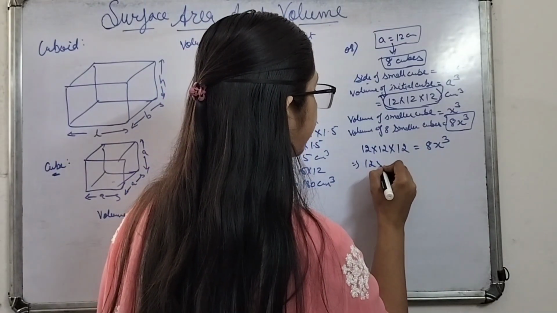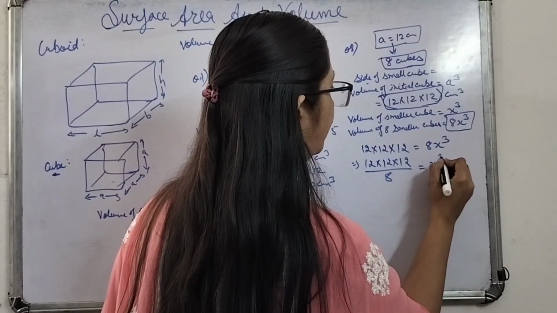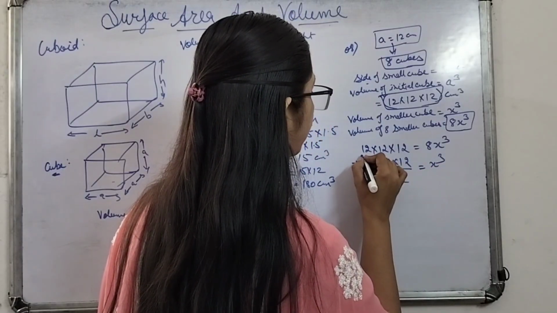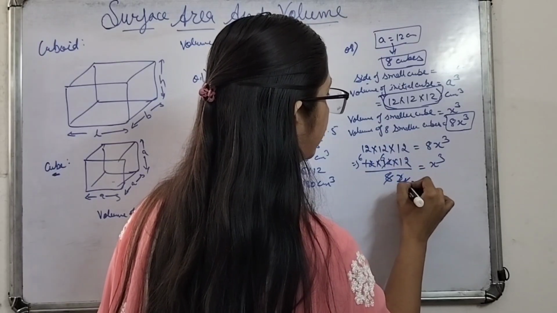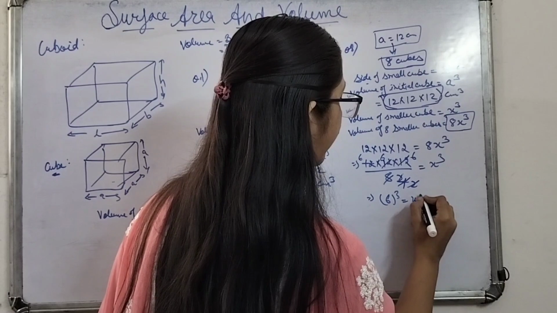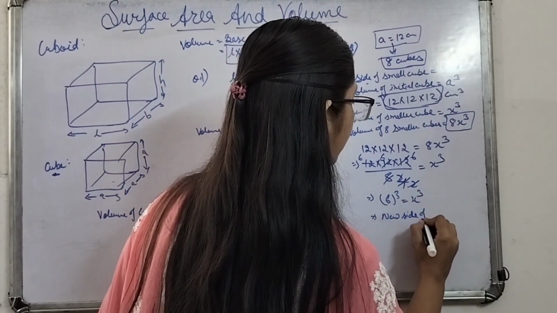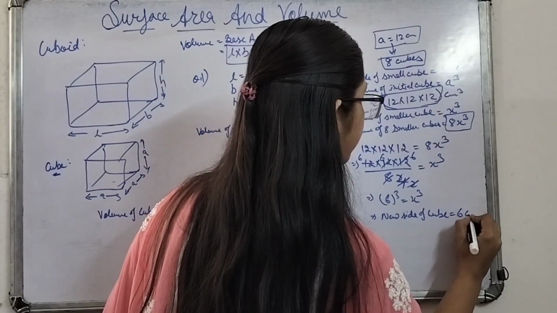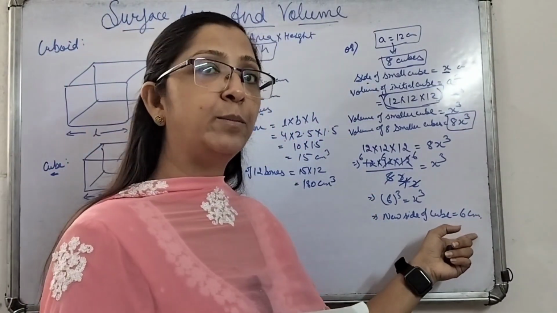If we divide it by 8, we get x cube. 2 2s are 4, 2 6s are 12, 2 6s. So 6 cube is x cube, or the new side of the cube will be 6 centimeter.